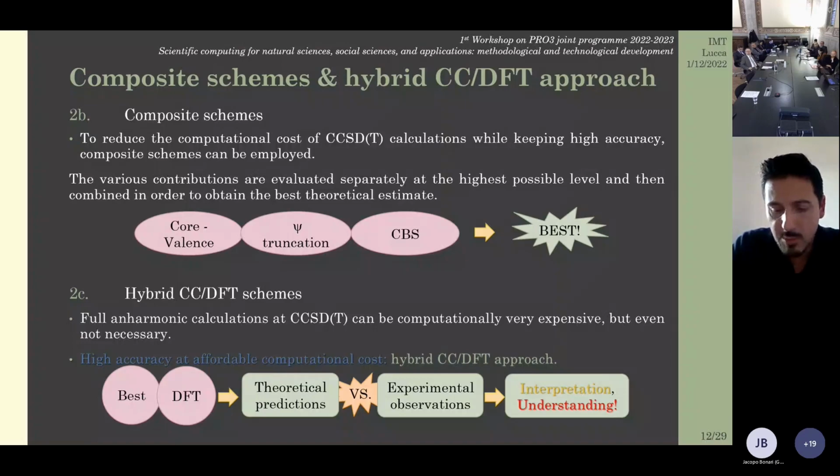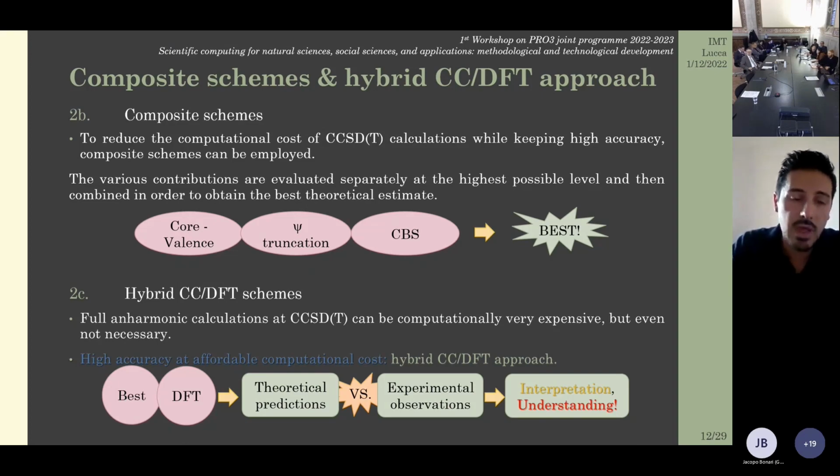Basically, in composite schemes, the target quantity is subdivided into different contributions, and each contribution is then treated at a proper level of theory, and then the different contributions are summed together to give the best estimate of the target quantity.